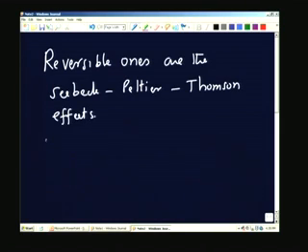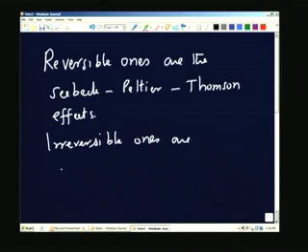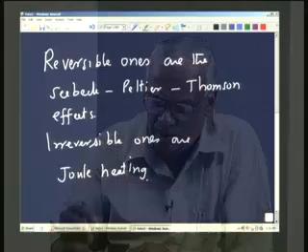The irreversible ones are, we have a production of heat due to a current flowing in a conductor. It is called Joule heating. This is because the conductor will impose a resistance on the flow of electricity, and therefore, there is an irreversible conversion of electrical energy to heat. This is called Joule heating.